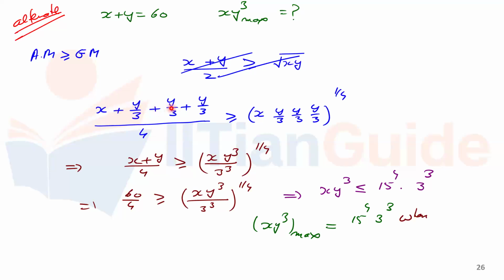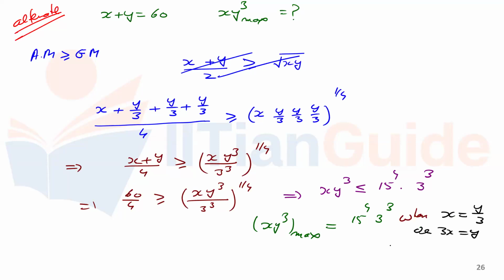So x is equal to y by 3, basically all equal to y by 3. I can get the maximum value only when the numbers are equal, x is y by 3, or 3x is equal to y.